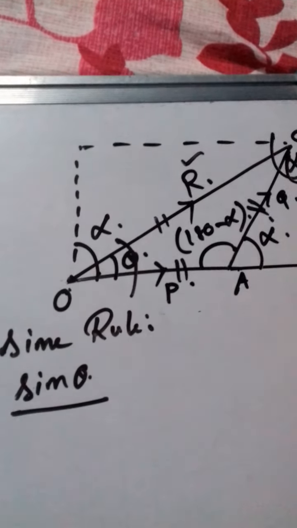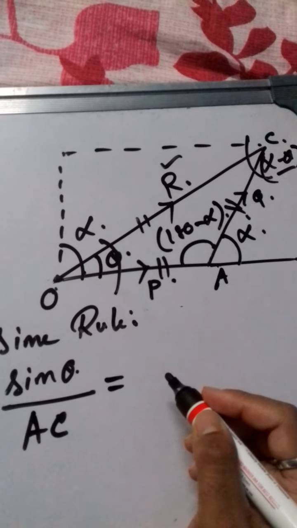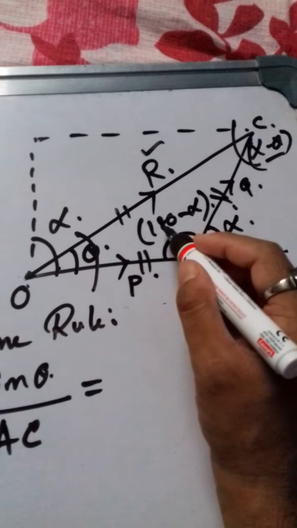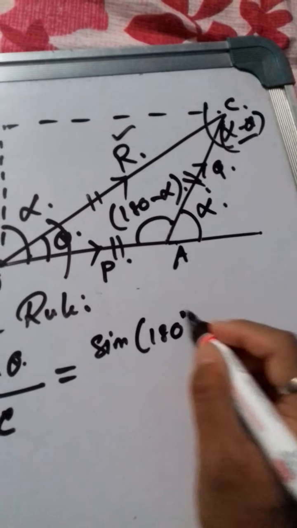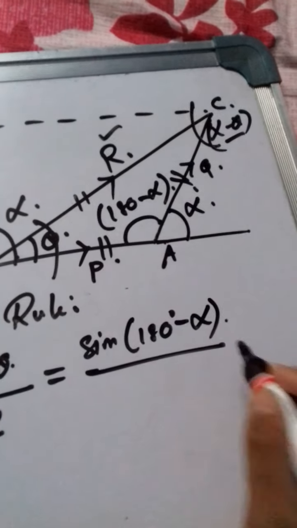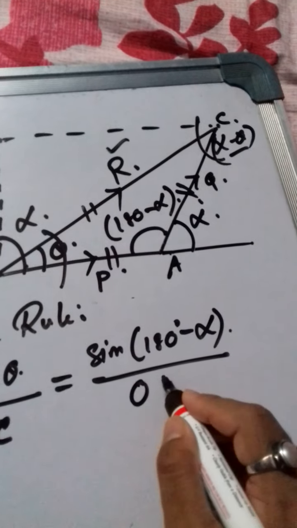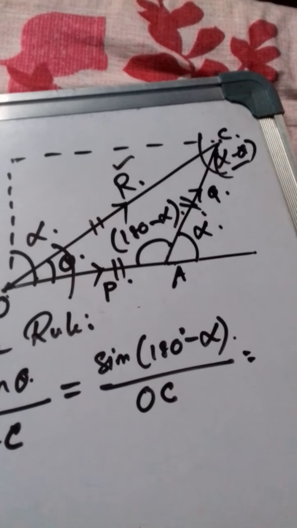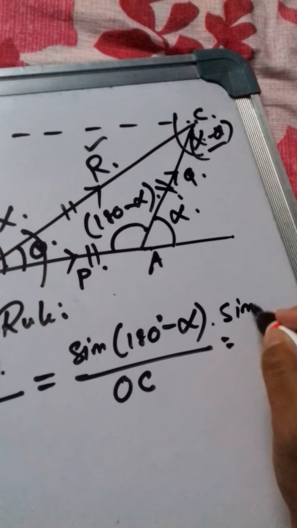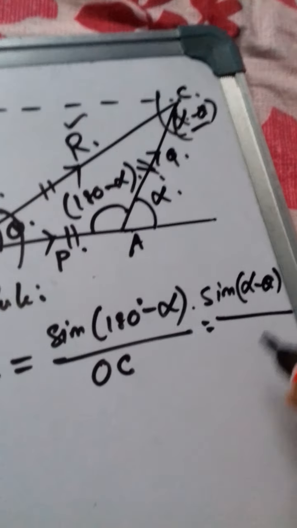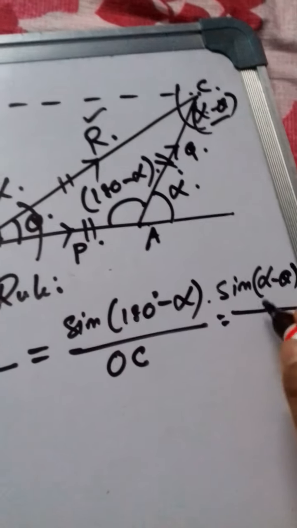So sine theta divided by AC should be equal to, if you consider this angle 180 minus alpha, sine of 180 minus alpha divided by the opposite side, which is OC, should be equal to, if you consider this angle alpha minus theta, sine of alpha minus theta divided by the opposite side, which is OA.